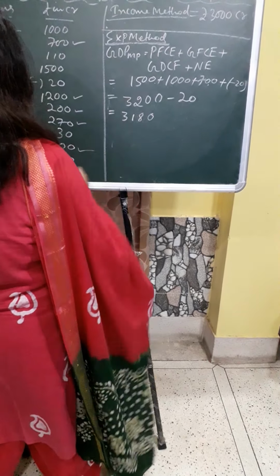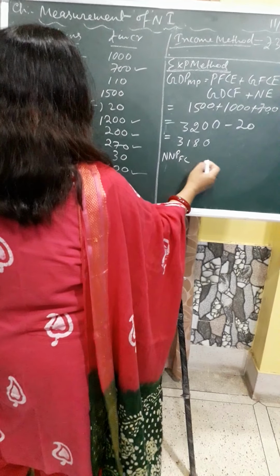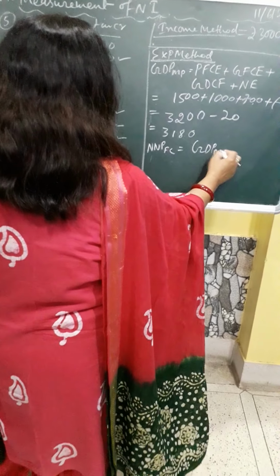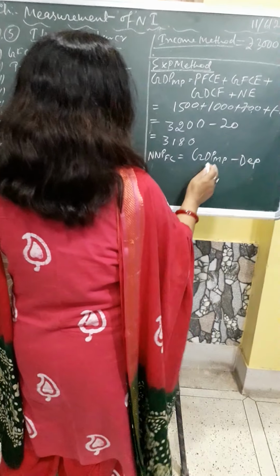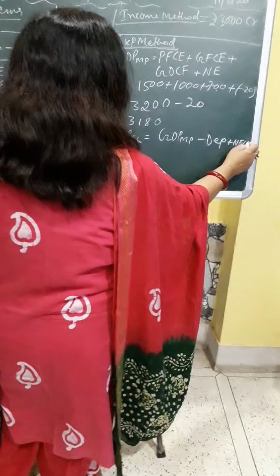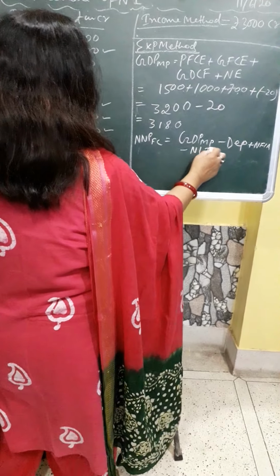So GDP MP is 3180. Now next, national income. NNP FC equals GDP MP, gross to net minus depreciation, domestic to national plus NFIA, and MP to FC minus NIT.